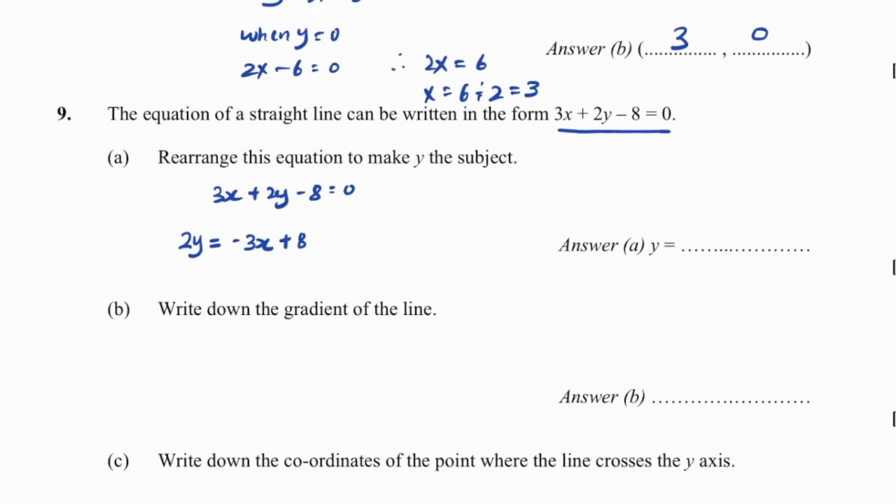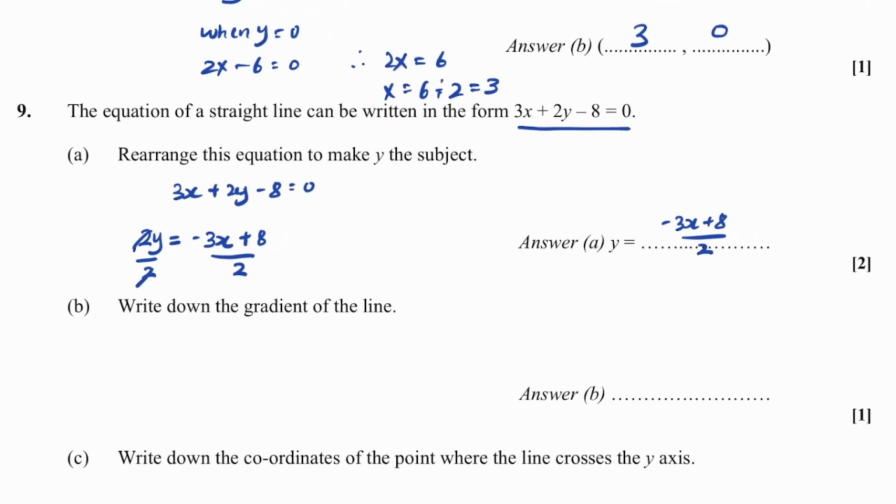To make sure everything is clear, you have to make sure y is the only one on the left. So you divide by 2, therefore you have y equal to minus 3x plus 8 over 2.